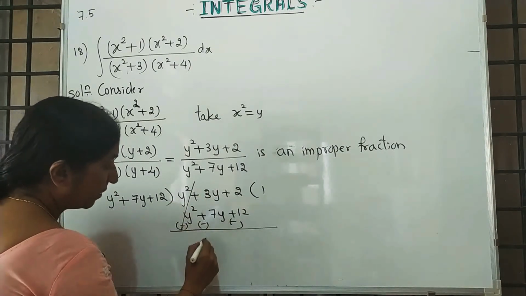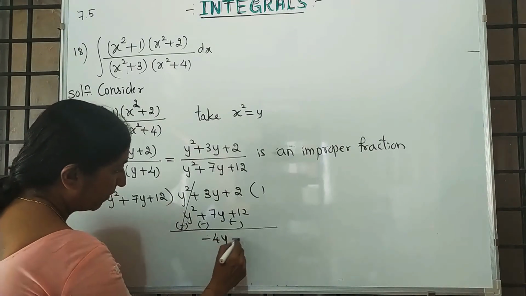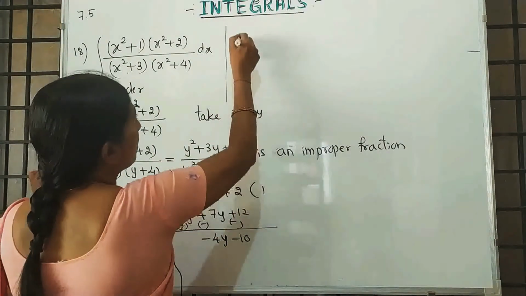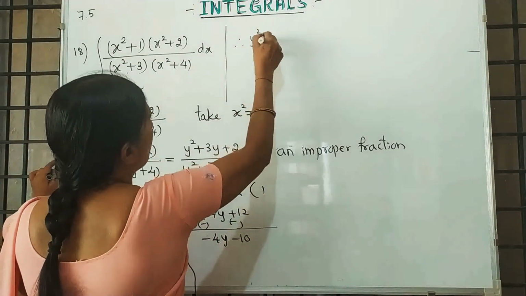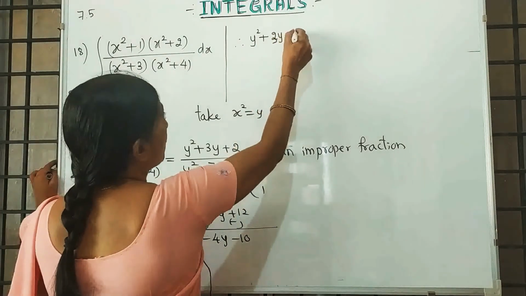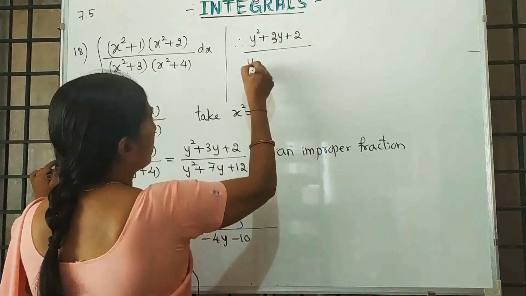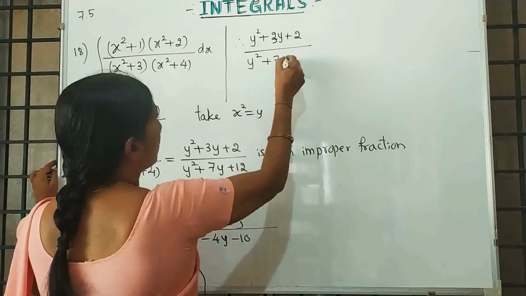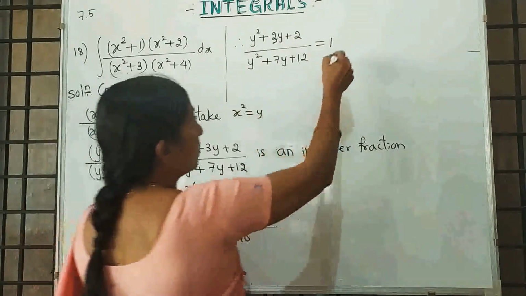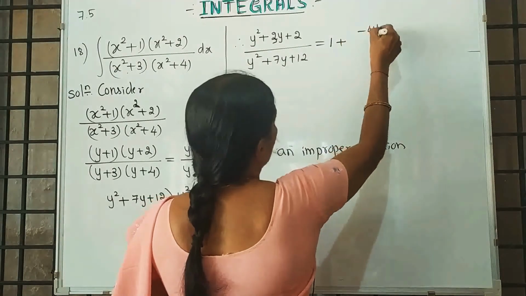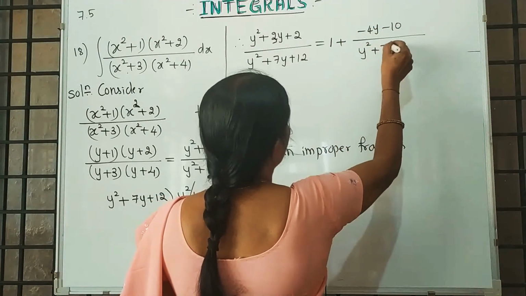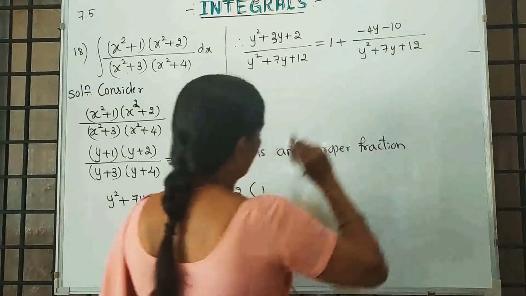3y minus 7y is minus 4y minus 10. Therefore, (y² + 3y + 2)/(y² + 7y + 12) is equal to 1 plus (−4y − 10)/(y² + 7y + 12).